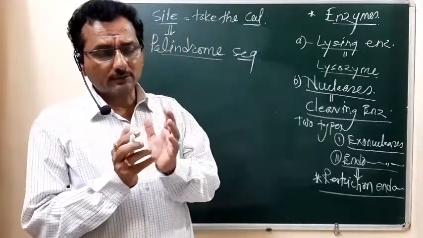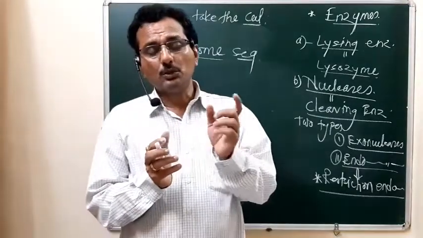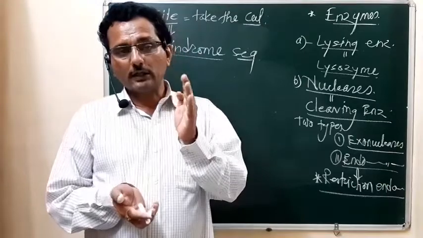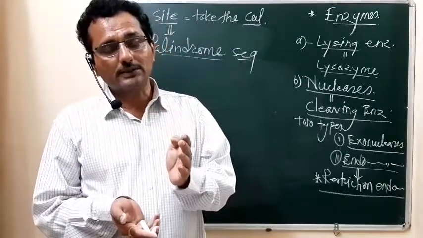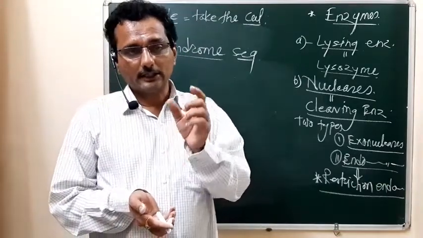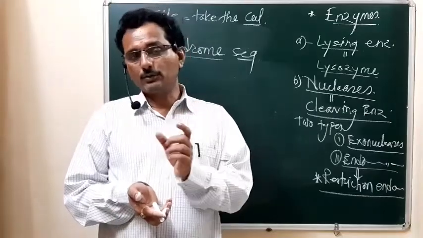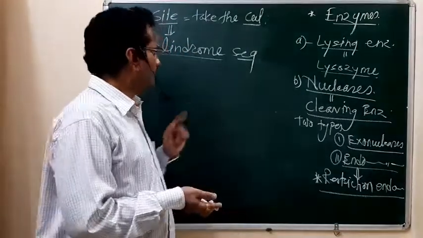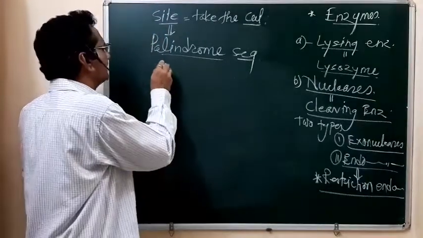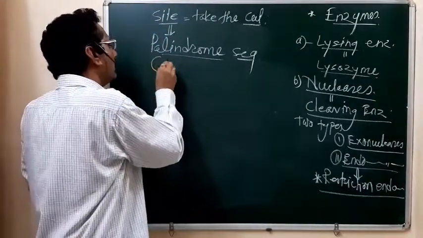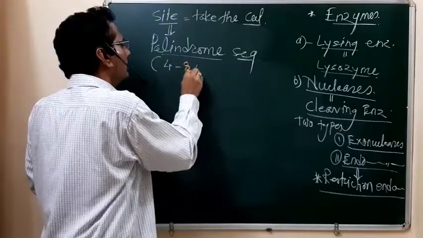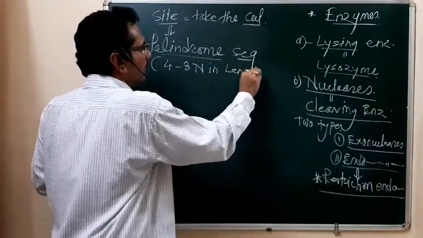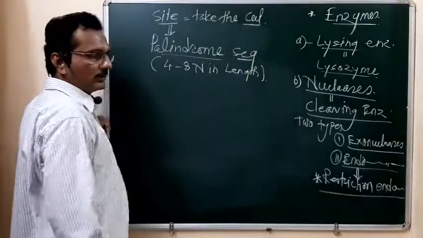That palindrome nucleotide sequence is the sequence where the restriction endonuclease takes the cut. And remember, palindrome sequences are 4 to 8 nucleotides in length.